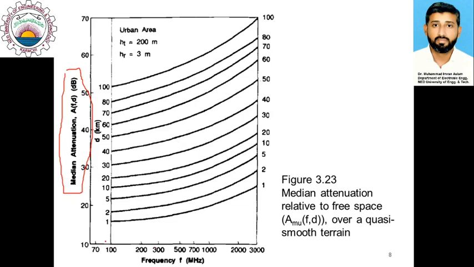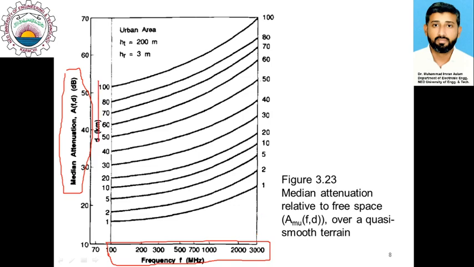You can see that this horizontal axis is representing frequency. This is frequency in megahertz, starting from 100 megahertz up to 1920, although, as I said, it can be extrapolated up to 3000 megahertz.